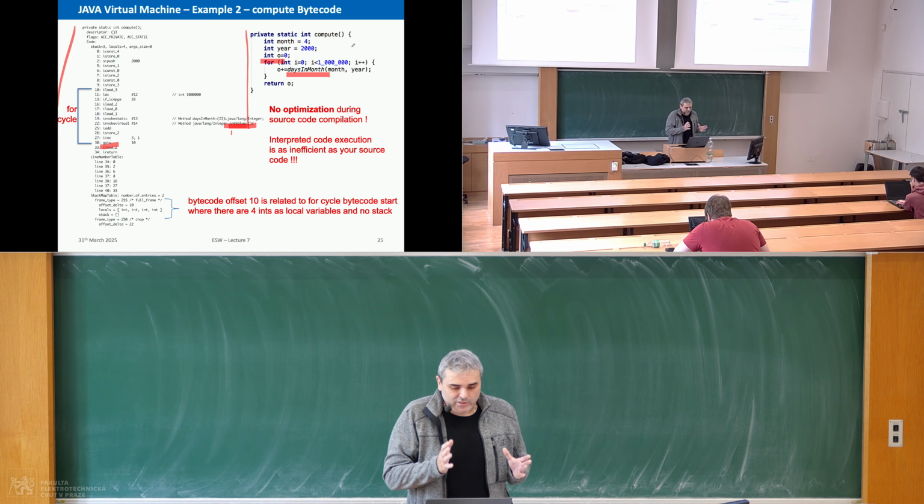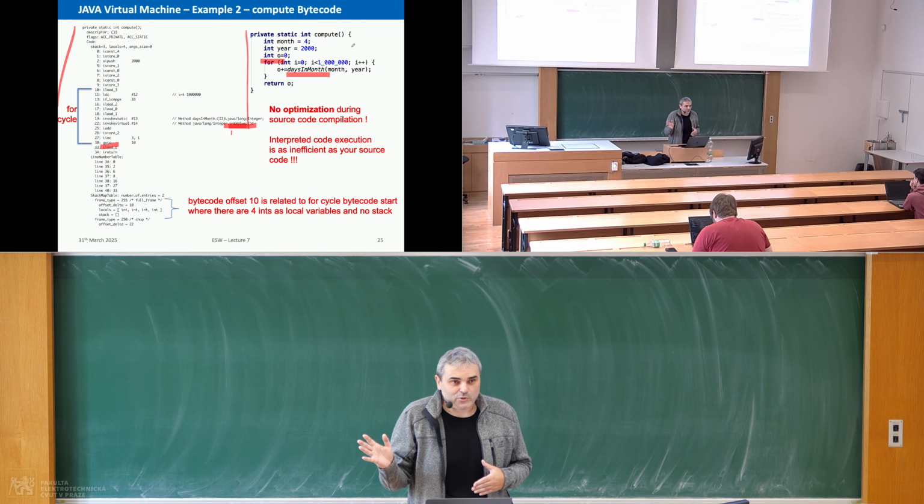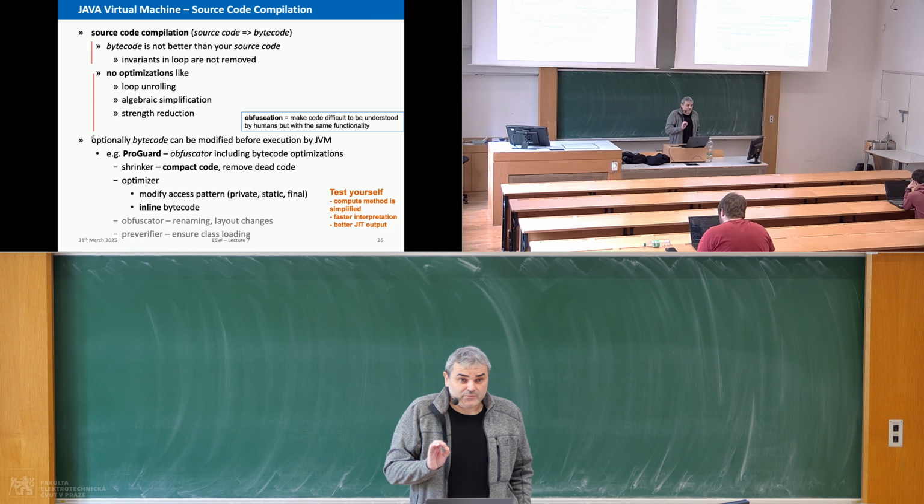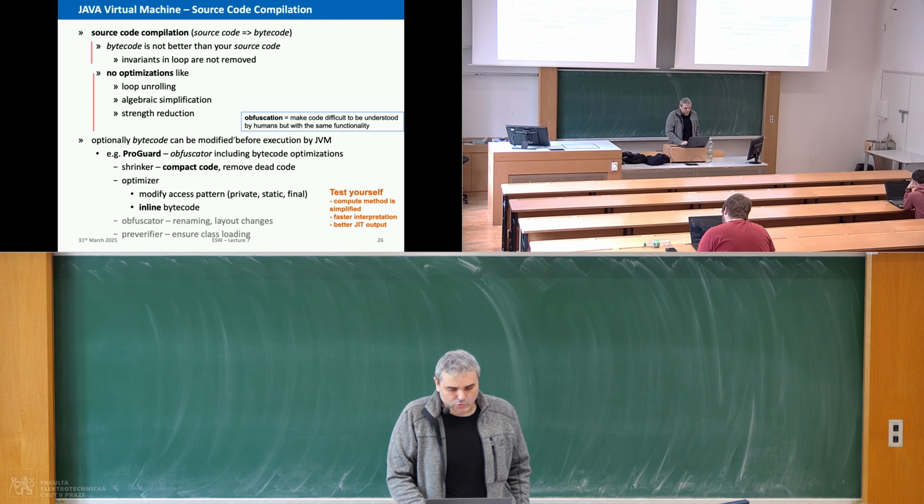So the resulting code is as bad as it was in your source code. So no optimization techniques are applied up to this moment. Yeah, this is just a summarization of what I said. No optimization techniques.